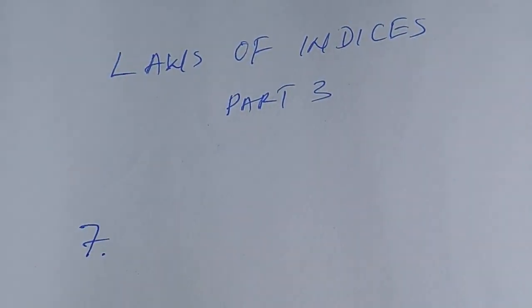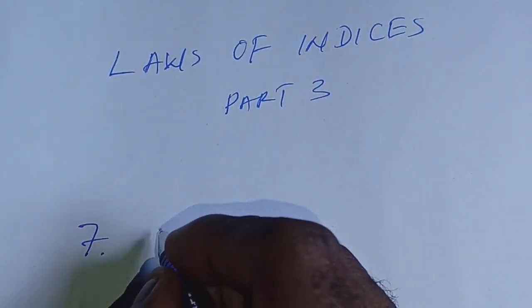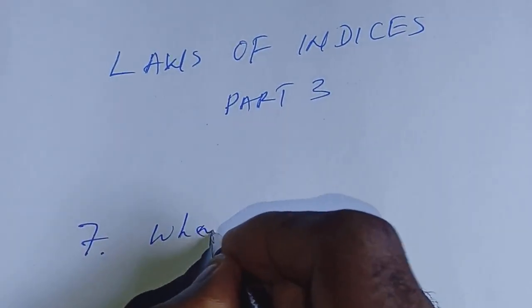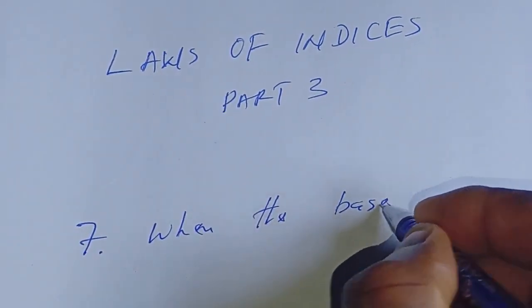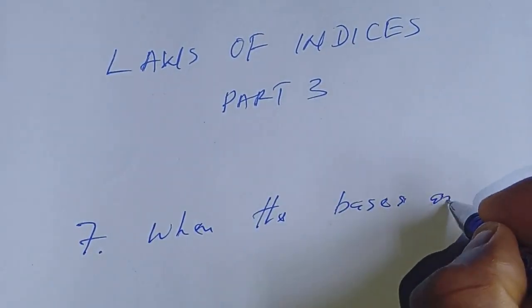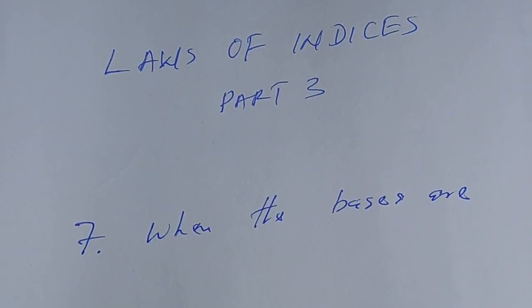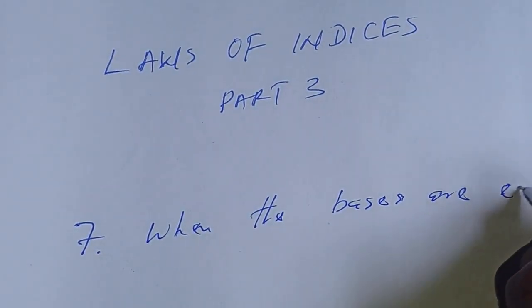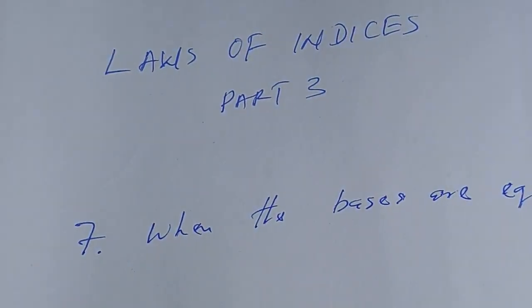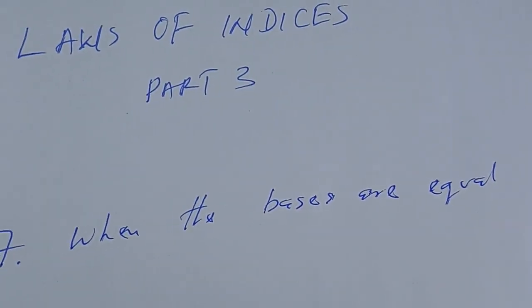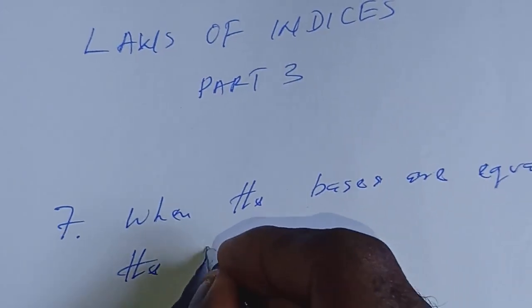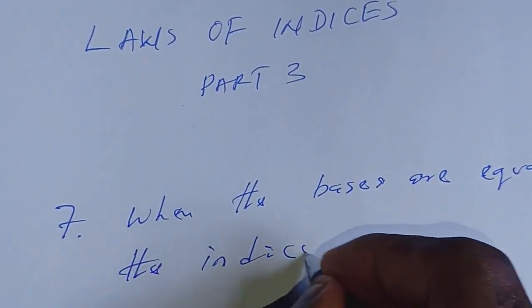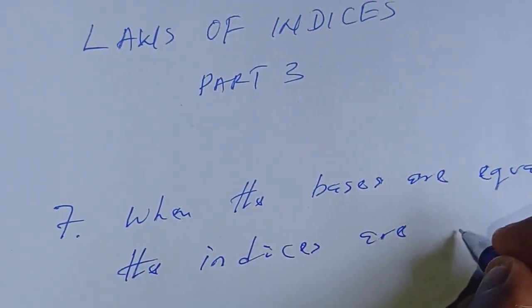So right away we're going to start today with law number 7 of indices. So what does this law state? The law states that when the bases are equal, then also the indices are equal.